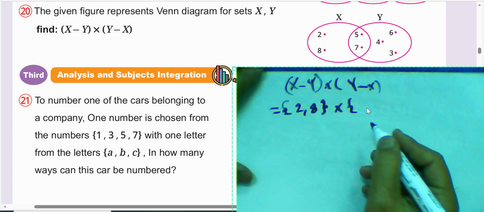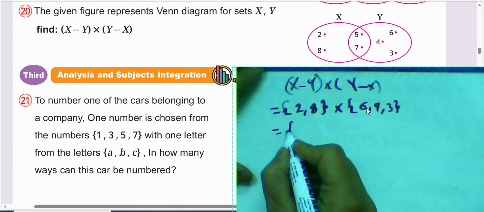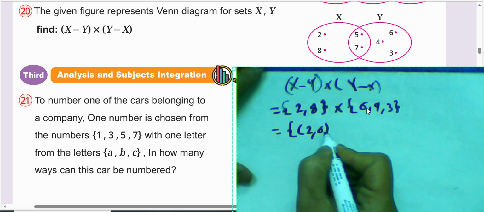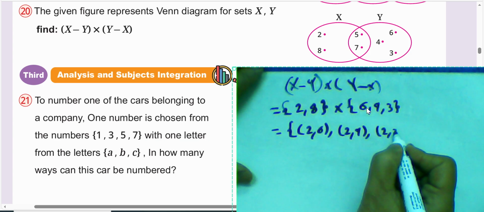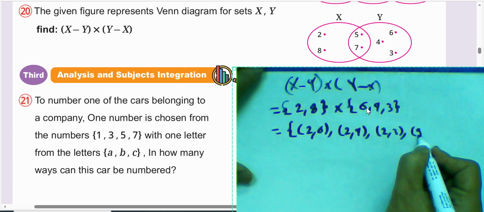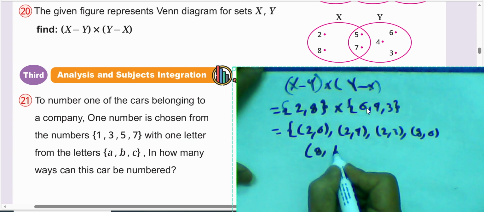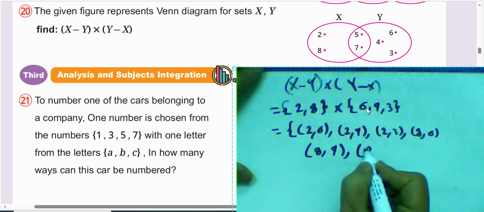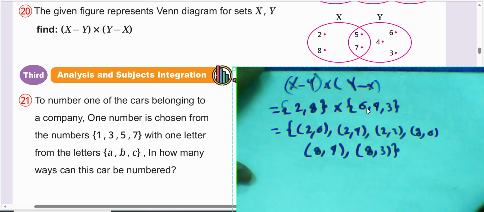We have 6, 4, 3. Then the Cartesian product, we have 2 and 6, 2 and 4, 2 and 3, and then 8 with 6, 8 with 4, and 8 with 3. Okay.